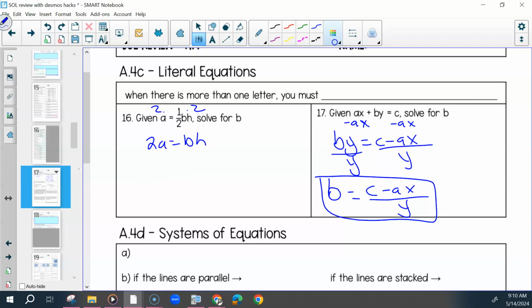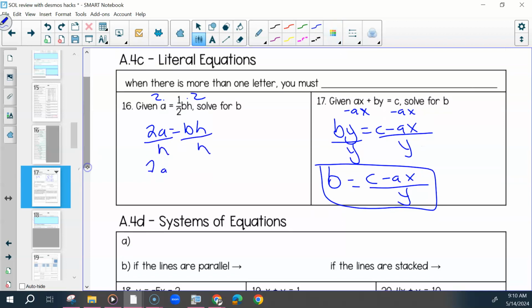And then to get b by itself, divide both sides by h. You could have also divided by h first and then multiplied by 2. You would have the same answer. Other questions?